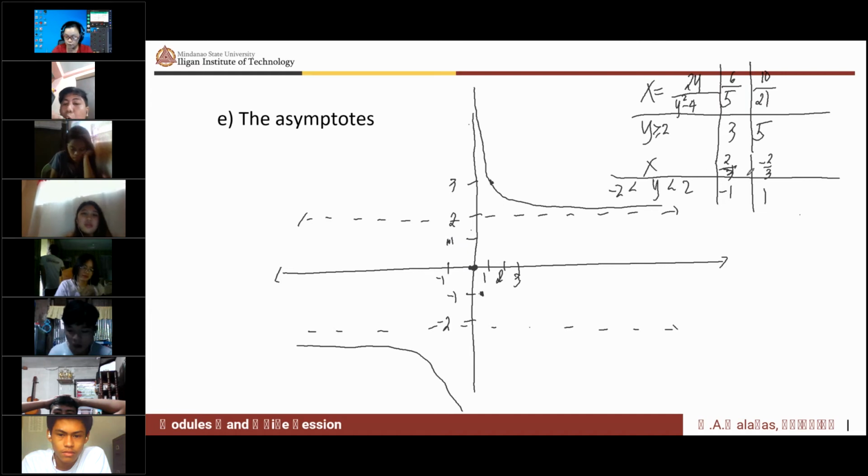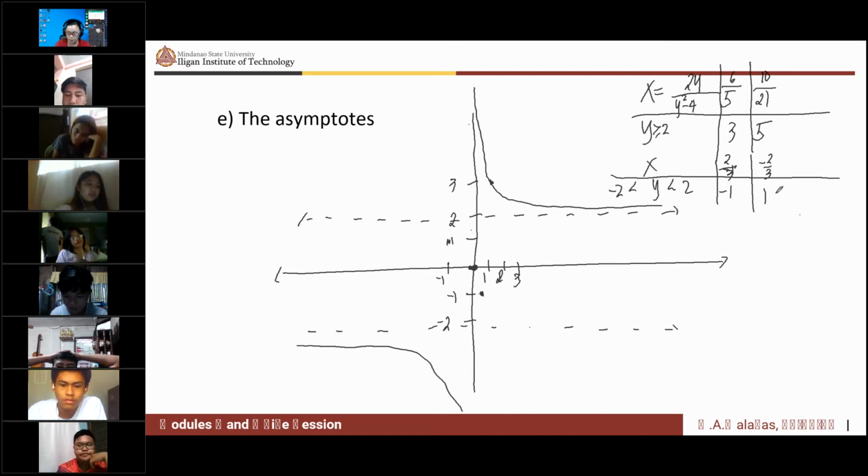Actually, if you continue, you can form more points. Let's say y is 1/2.